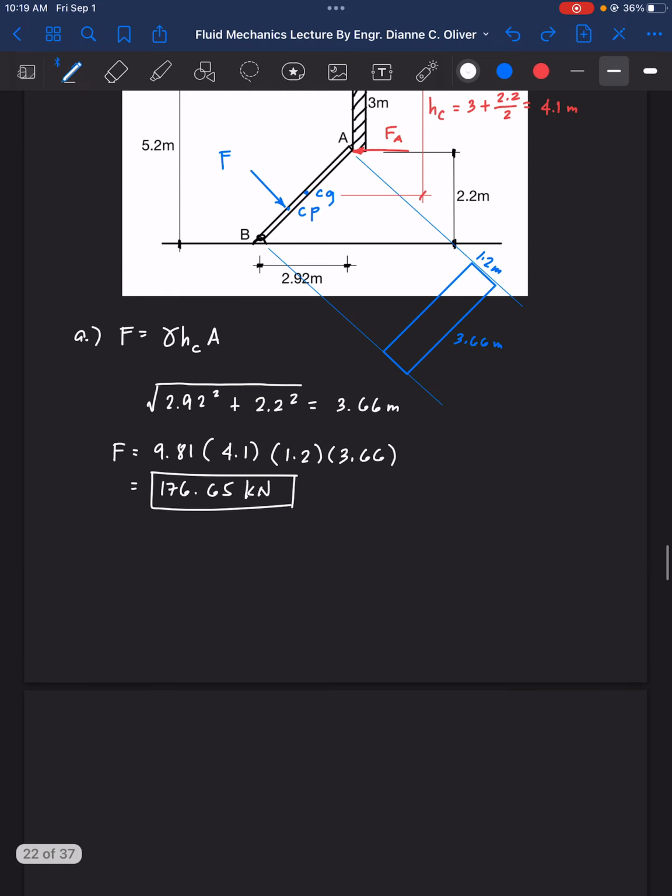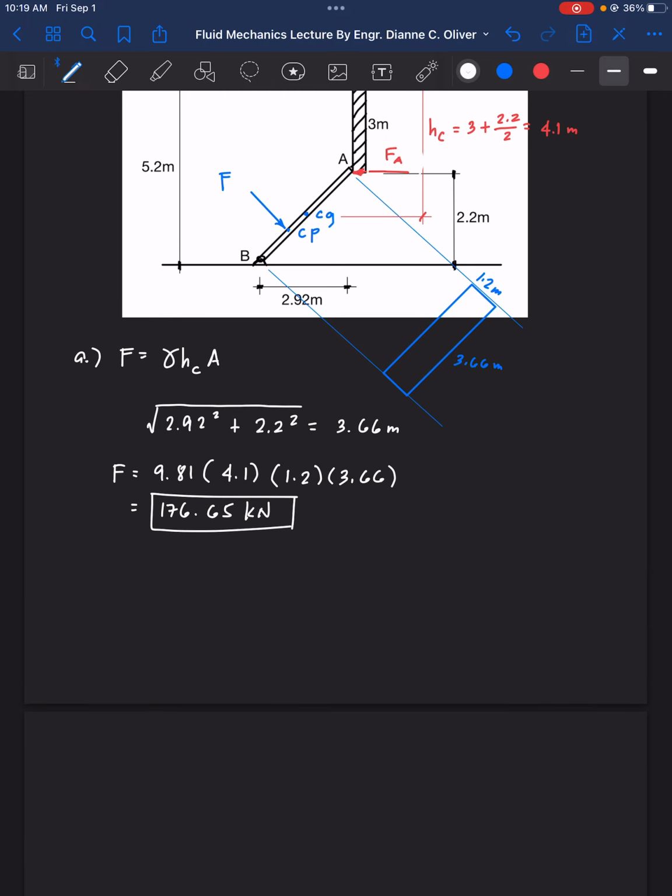So how do we find the value of FA now? For letter B, we will have a summation of moment at B equal to 0. We'll have it positive counterclockwise.